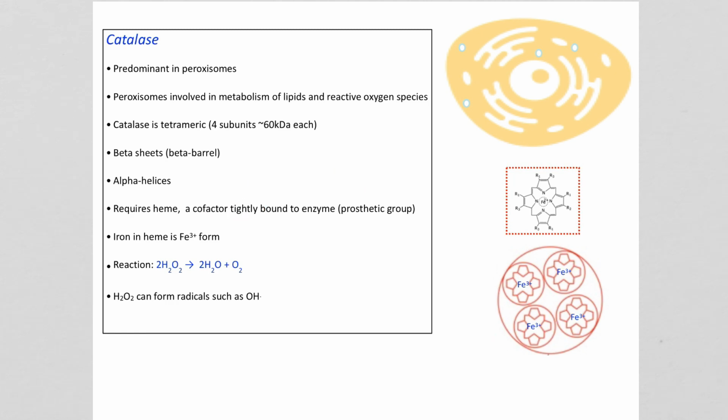In each heme is an iron atom, but this iron atom is in the Fe3+ form, unlike hemoglobin where it was in the Fe2+ form. Here the iron atom is in the ferric form, Fe3+. Since this enzyme contains heme and heme is red in color together with the iron, this enzyme has a slightly reddish tinge.